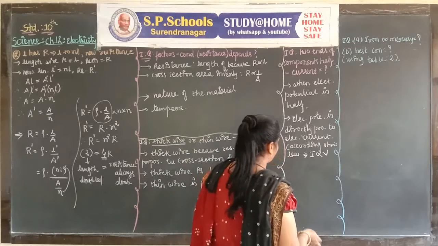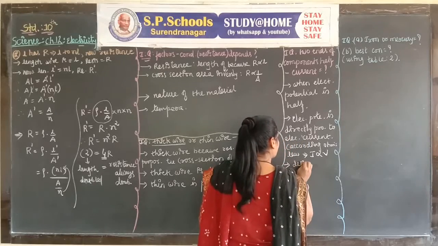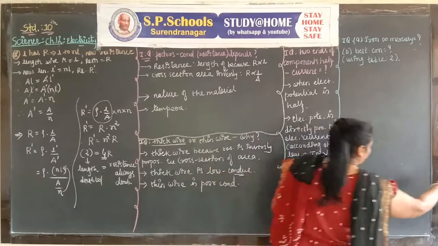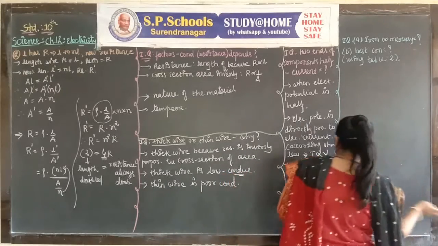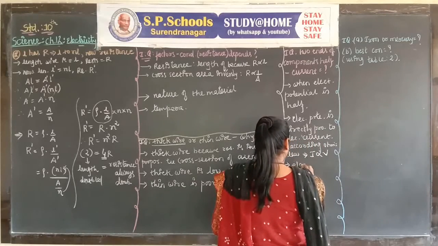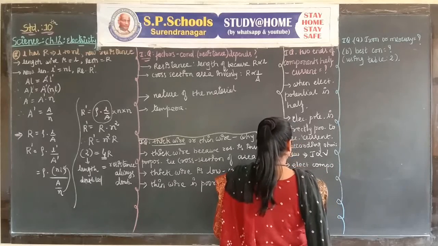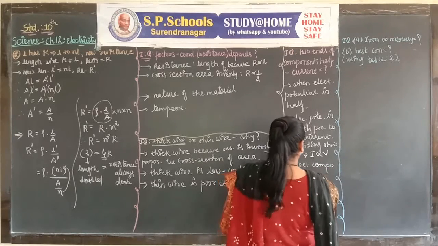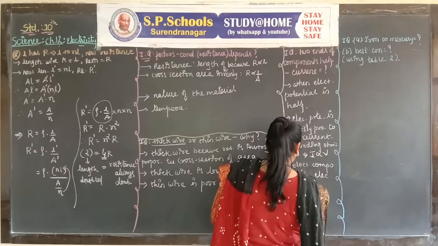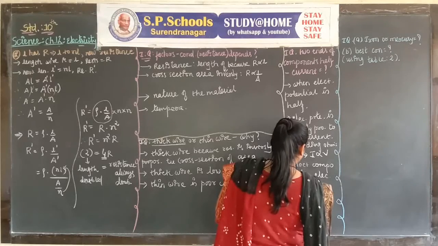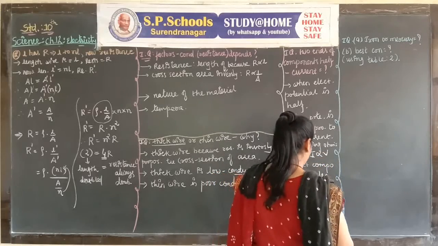So, when the electric potential of the component will be half, naturally the electric current is half, because it is directly proportional.